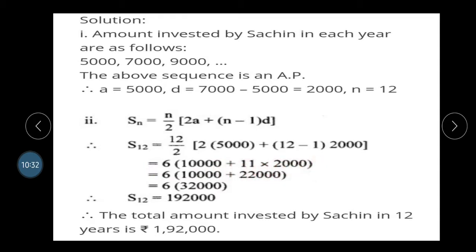Solving this, that is 11 into 2000, we get 22,000. So 6 into 10,000 plus 22,000. Solving the bracket, we get 32,000. So 6 into 32,000, we get 1,92,000. So the amount invested by Sachin in 12 years is 1,92,000.